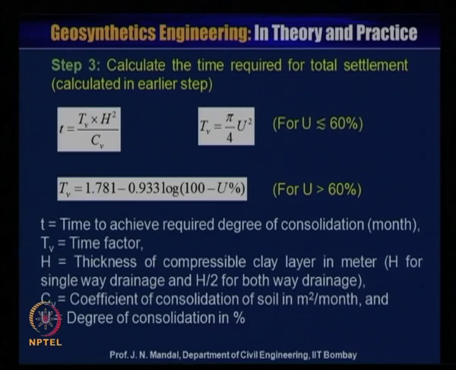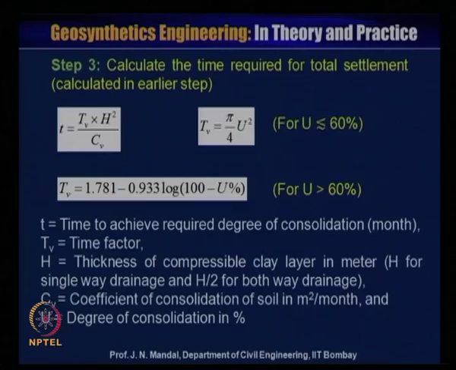Here t is time required for degree of consolidation in month, Tv is time factor, H is thickness of compressible clay layer in meter, H for single way drainage layer and H by 2 for both way drainage, and Cv is coefficient of consolidation of soil in meter square per month.